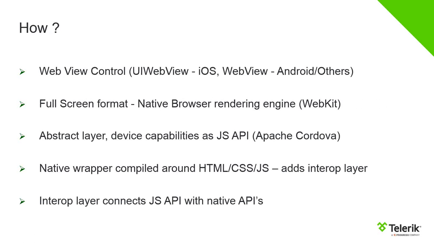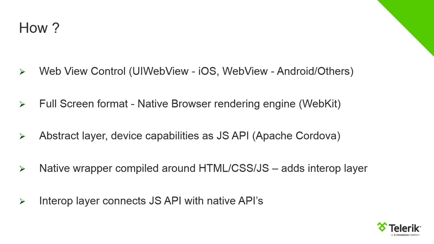What we normally do is you get an abstracted layer, and the device capabilities are provided as a JavaScript API, usually by Apache Cordova. Formerly it was known as PhoneGap, but now it's known as the Cordova API. The native wrappers are compiled around HTML, CSS, and JavaScript, and you get an interop layer.